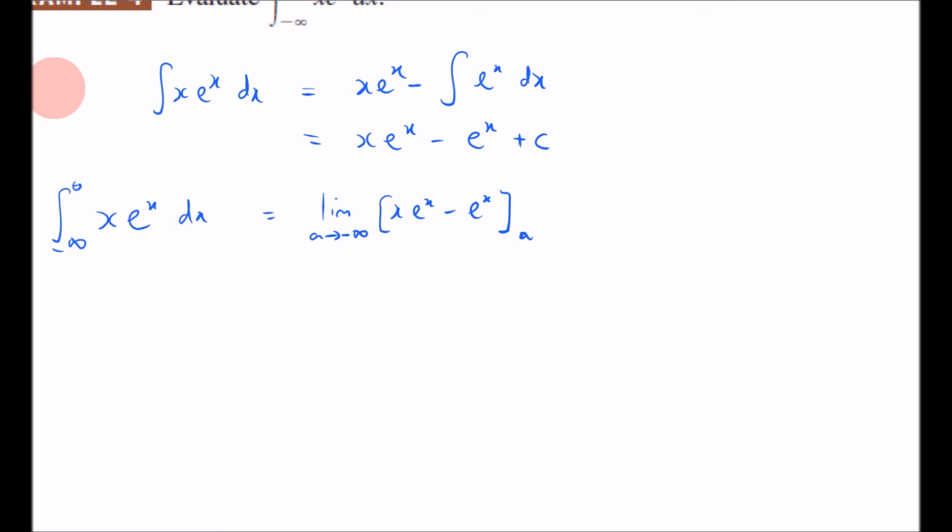So we put in the limits, e to the 0 minus e to the 0, then minus the limit. This one will give you minus 1 minus the limit.